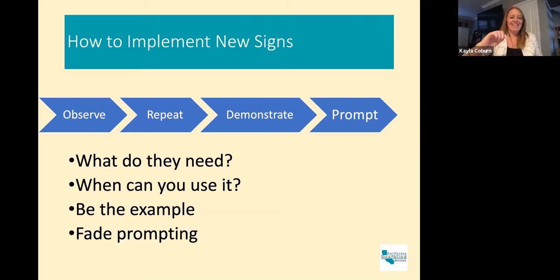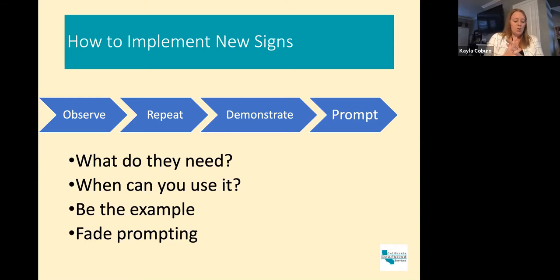Okay, so let's talk about prompting, because this is something where you need to go in with more prompting and then fade out that prompting. How I usually like to explain it, the most extreme prompting is a direct physical prompt.